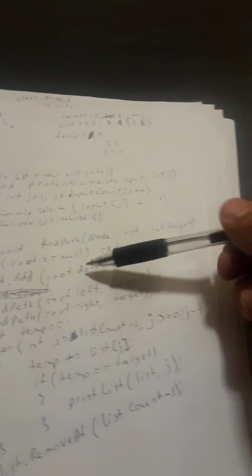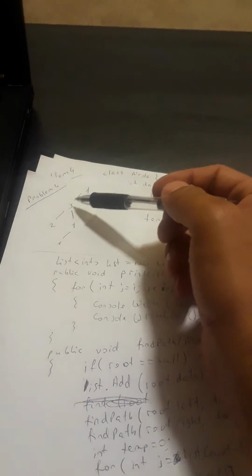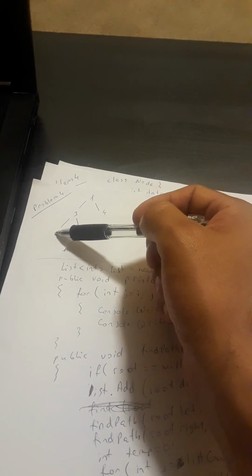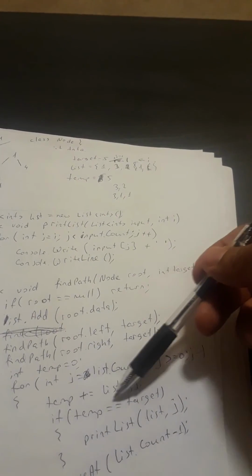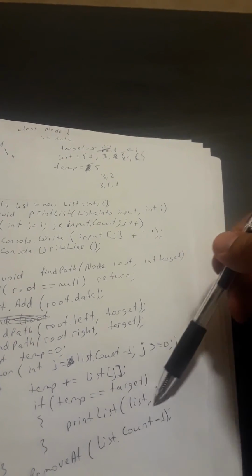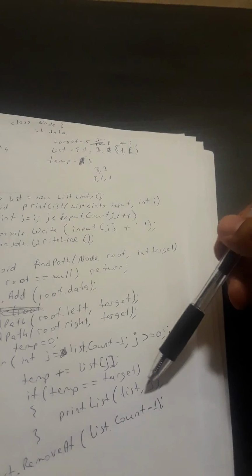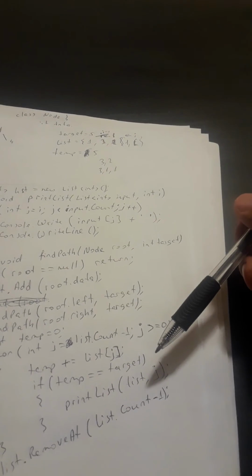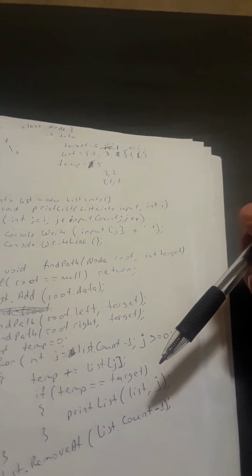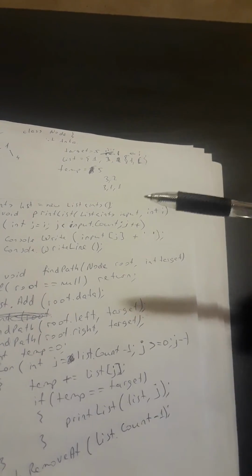You see here I always add the first element to my list, then I go to the left child and keep going to the left child, then when I reach the left child, I check within this for loop if the sum within this list is equal to the target value, and if it is, I call the print list function, printing all the elements whose sum is equal to the target value.